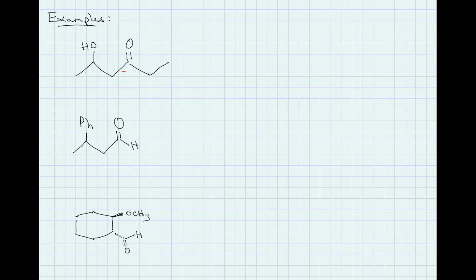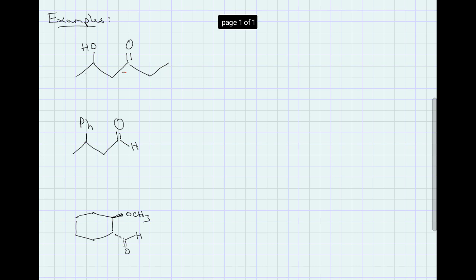So if we take a look at this first example here, we'll call this one A. In example A, we have a carbon chain that has 1, 2, 3, 4, 5, 6 carbons. You can see that it's a ketone, and a ketone takes precedence over an alkyl or an alkene or a hydroxyl group.